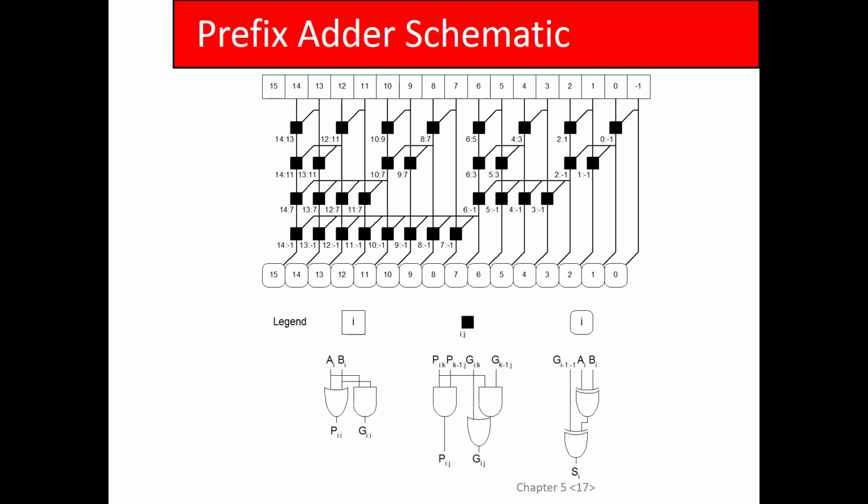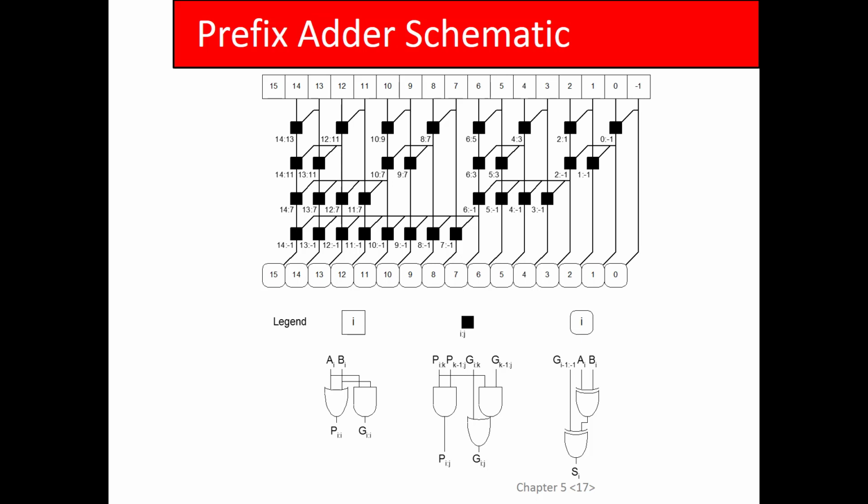So then from this, you start out with groups of 2, then groups of 4, then groups of 8, and then finally, once you get down to the bottom, like for example, 8's carry in can be calculated from, in this case, 7 down to -1, which is calculated from here. They get 6 down to -1 plus the 7, right?